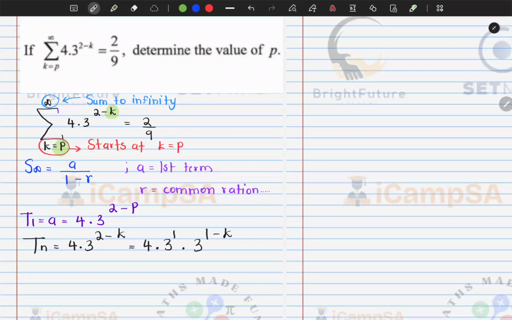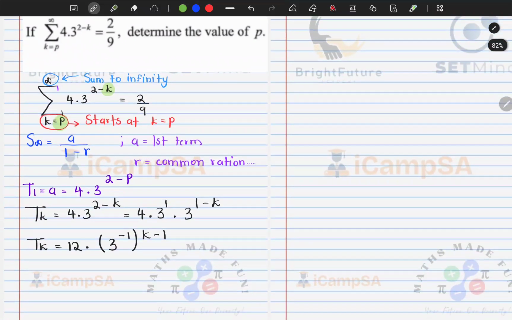So our tk will be 4 times 3, which gives us 12, times 3 to the power of minus 1, changing this to k minus 1.